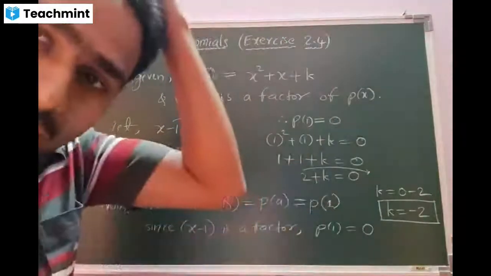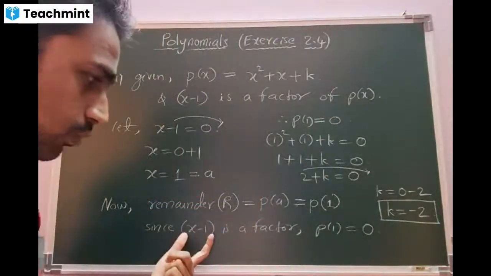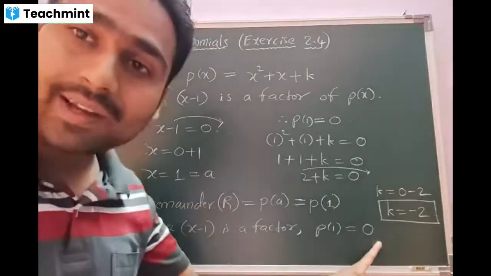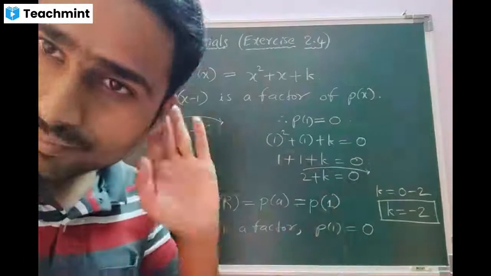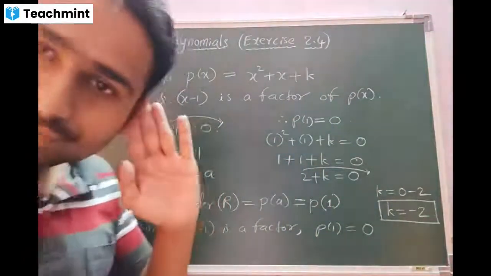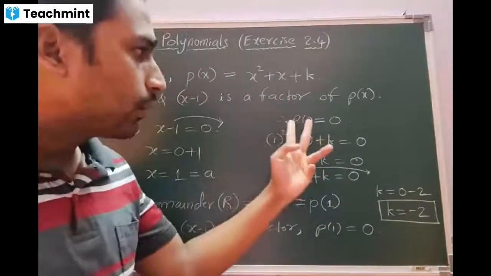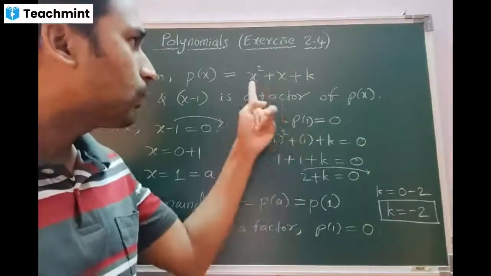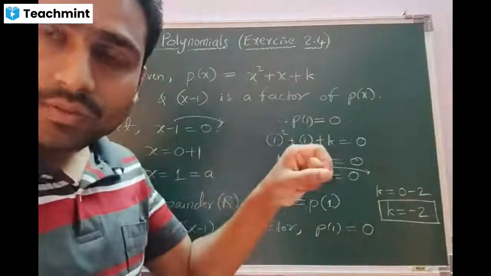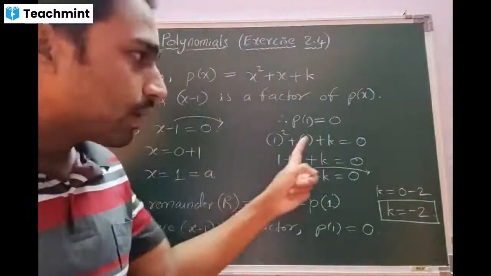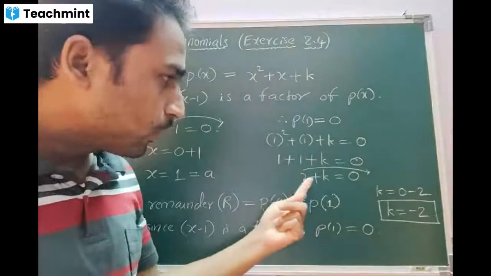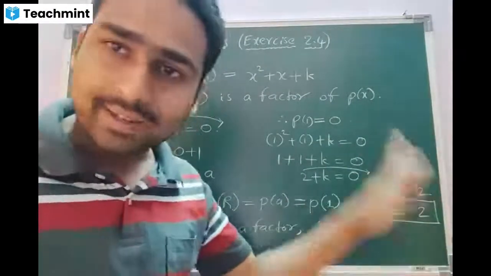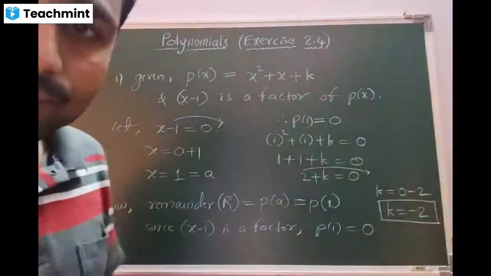According to the factor theorem, if this is a factor, then p of 1 should be 0. So I wrote p of 1 is equal to 0. Now p of 1 means I put 1 everywhere in place of x in the dividend. I solved it and got 2 plus k is equal to 0. Sending to that side, you get k is equal to minus 2. All of you got the concept?